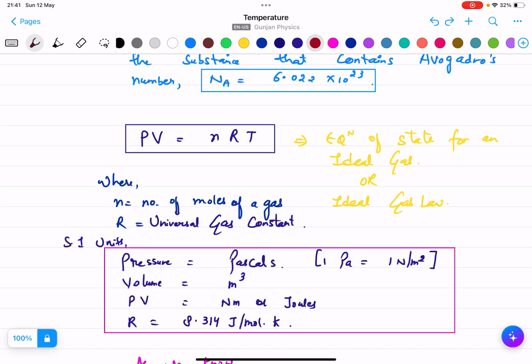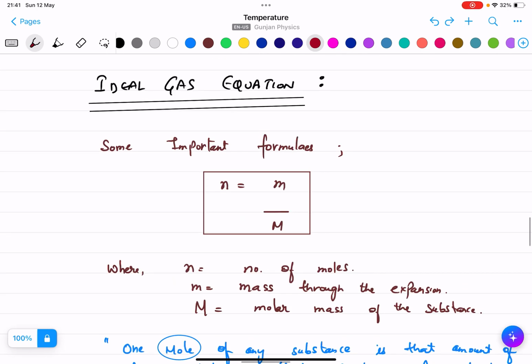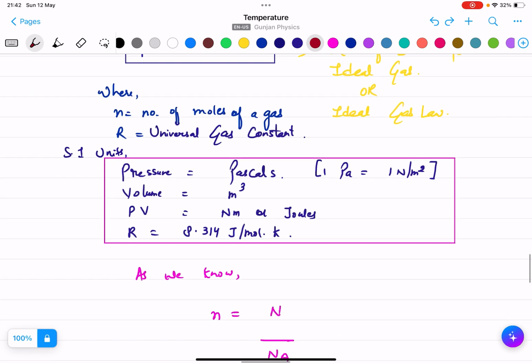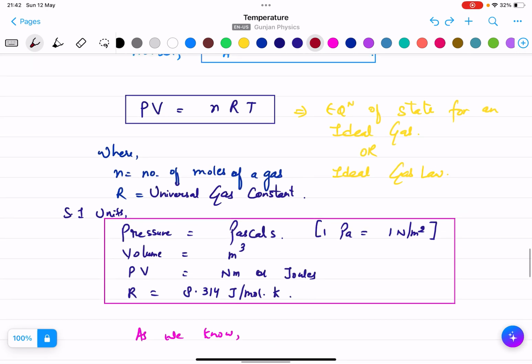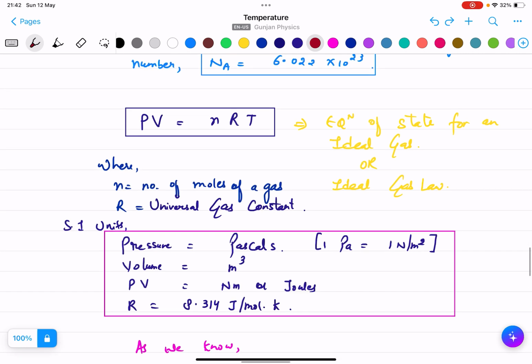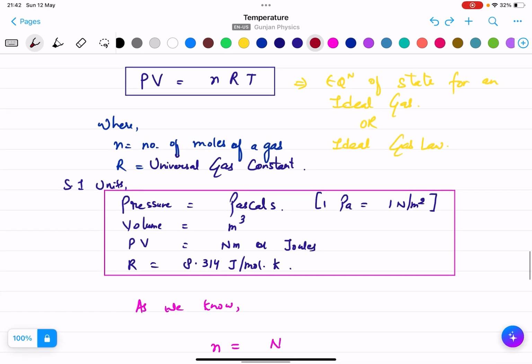Small n is the number of moles, and we know the formula of small n, small m over capital M. V is volume in meter cubed, PV is in newton meters, and R is the universal gas constant, 8.314. You need to remember this, but it will be given to you in the formula sheet as well.